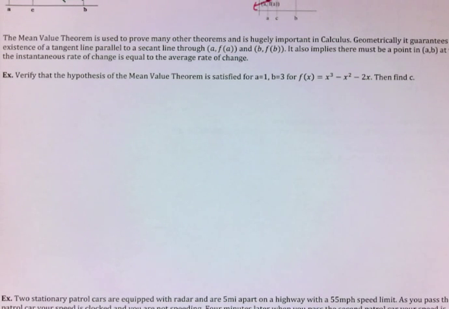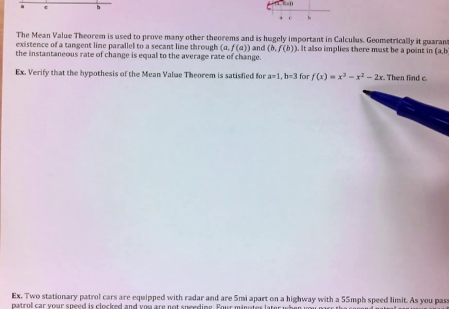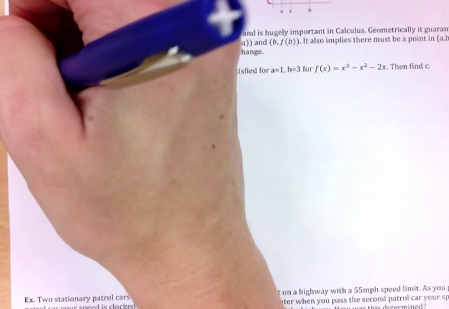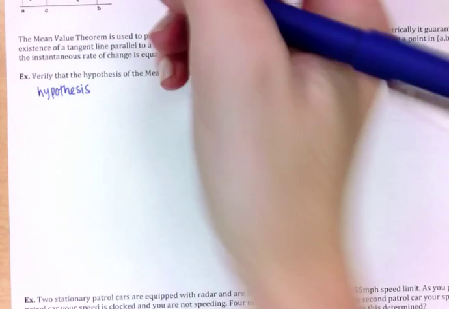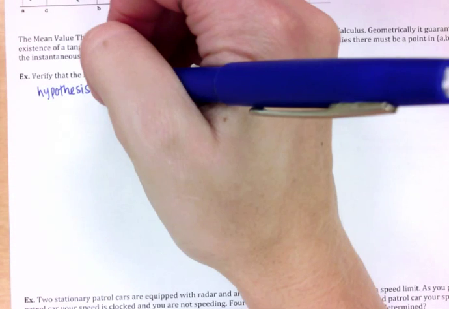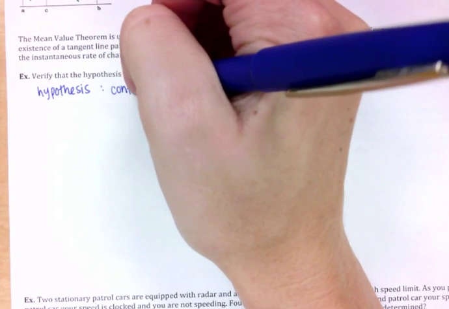We also know how to find that something is differentiable. Lucky for us, this f is a polynomial. And so our hypothesis for this theorem is that it's continuous and differentiable.